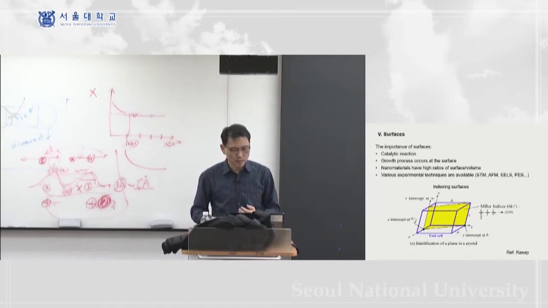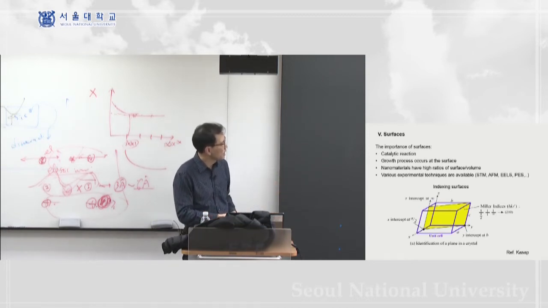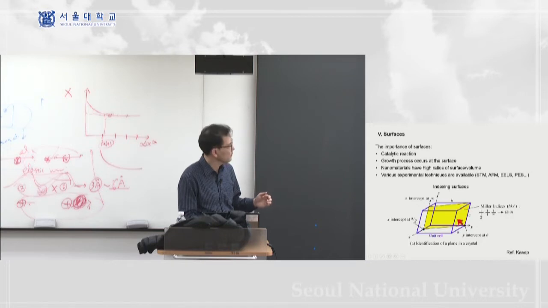All right, so the basic thing is we have to index the surface if it has many different directions. And here I'll explain the so-called Miller index. Suppose that the unit cell is in this violet box, and suppose that your surface consists of this yellow part. Then you can find the intercept along each axis.